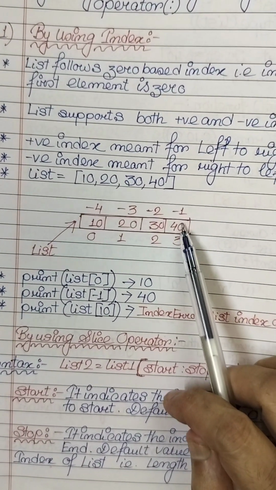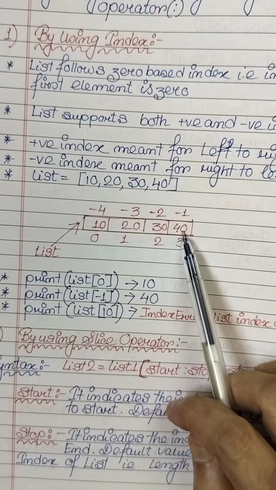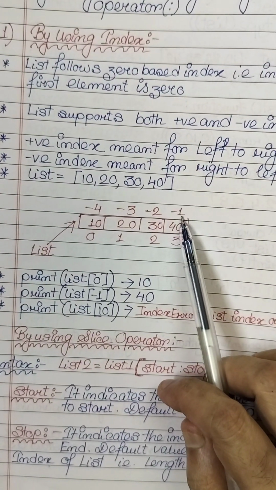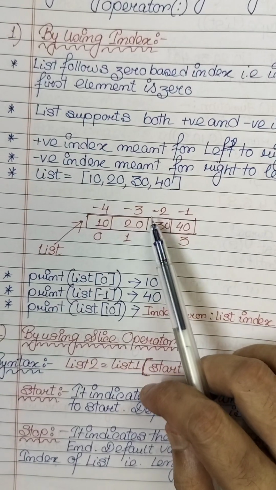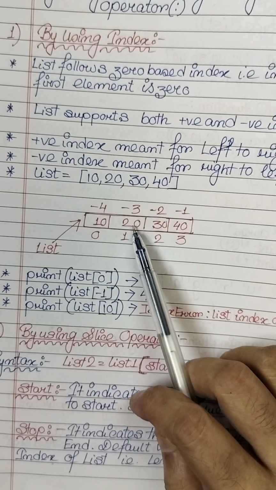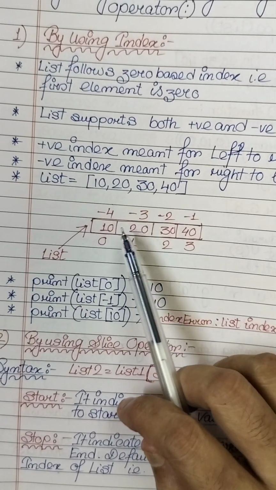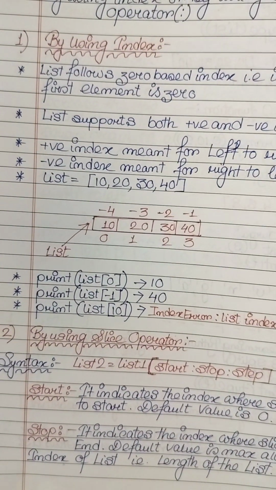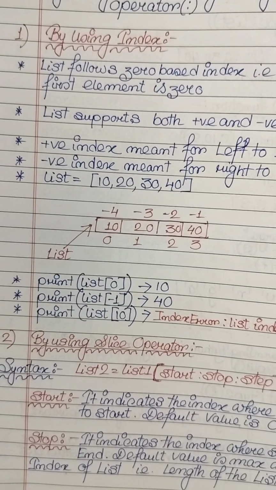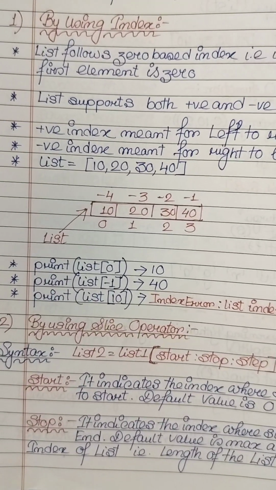Then 40 will be at -1. Element 30 is at -2, element 20 is at -3, and element 10 is at -4.